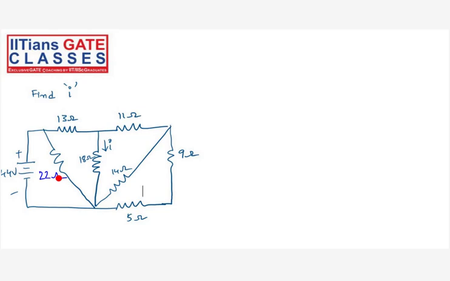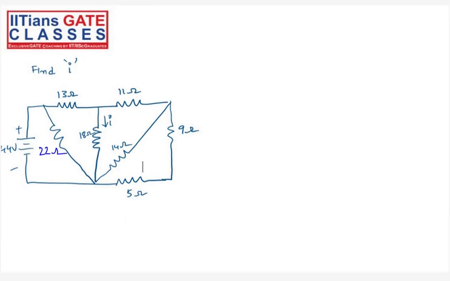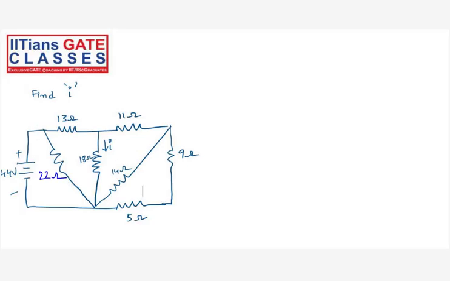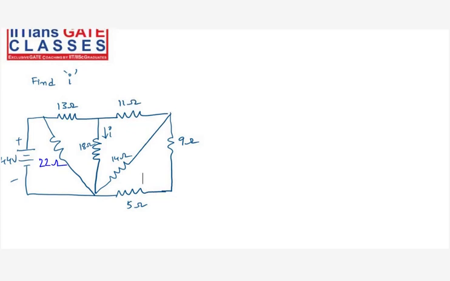I missed it previously. This is 22 ohms. Okay, let me solve this again for you. Can you see some series parallel combinations? As I already told you, if you want to solve any circuit, you have to approach from this side only. So tell me any series parallel combinations.